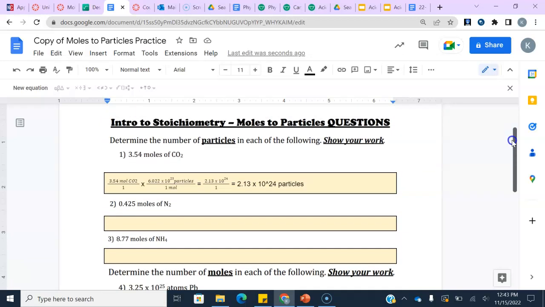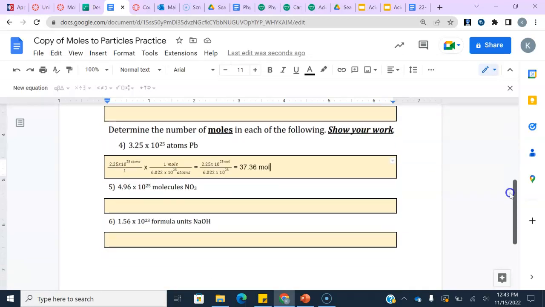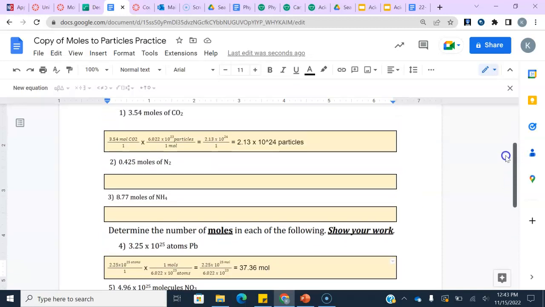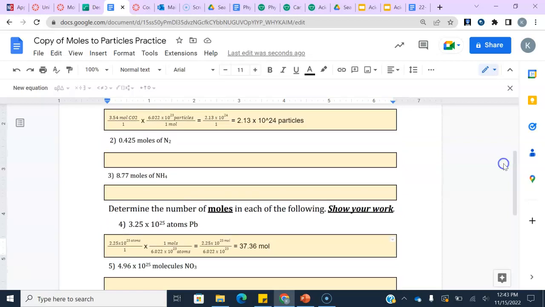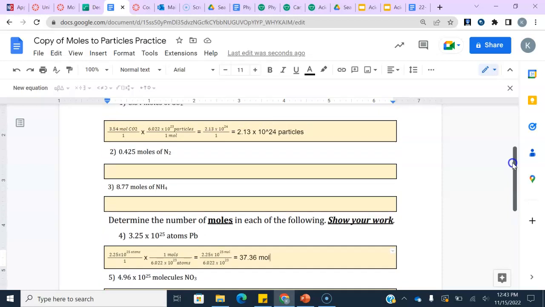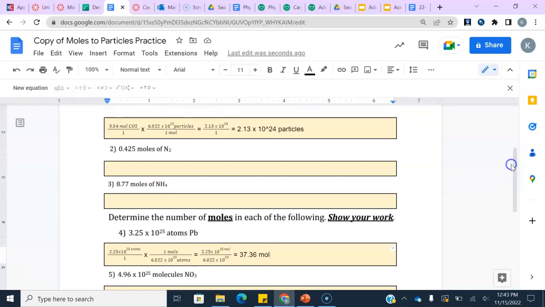You have one for moles to particles and one for particles to moles. So you guys have the job of doing 2 more examples of each. It's set up exactly the same way. So if you follow these examples exactly, you should come to the correct answers at the end. But if you're still having trouble and you need some additional help, or if you need some help walking through these, just let me know.